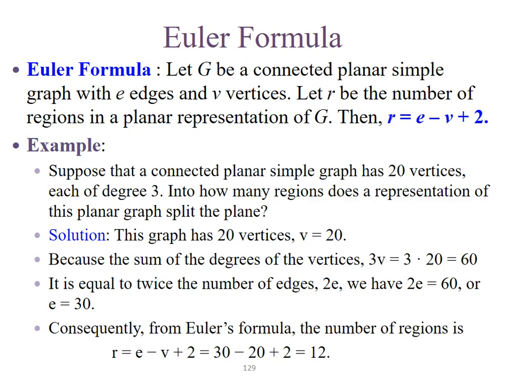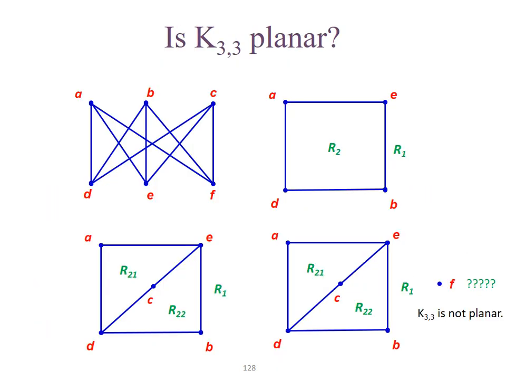All right, next we will see several theorems to help us determine if a given graph is planar or not. You don't have to try as in our previous slides. Okay, so let's see. The first thing is Euler's formula. Let G be a connected planar simple graph with E edges and V vertices, and then we define R as the number of regions in the planar representation, just like our previous example.